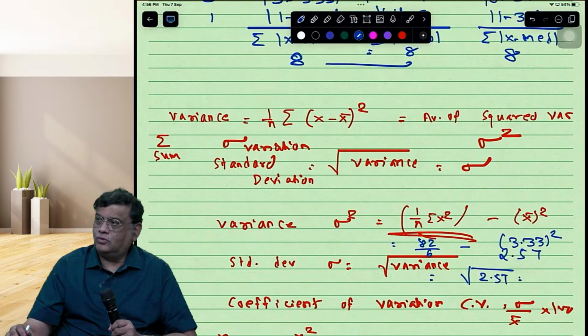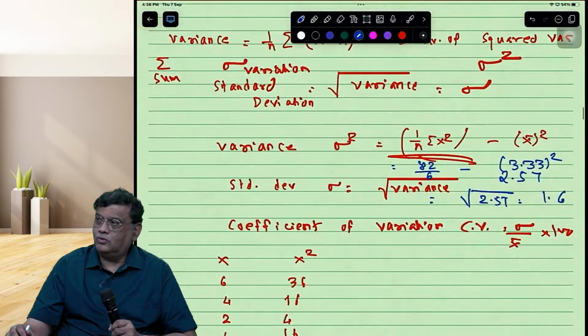What is that? 1.6. And therefore coefficient of variation is going to be 1.6 divided by 3.3, multiplied by 100, in percentage. What is that? 48%. Understood? This is the coefficient of variation.